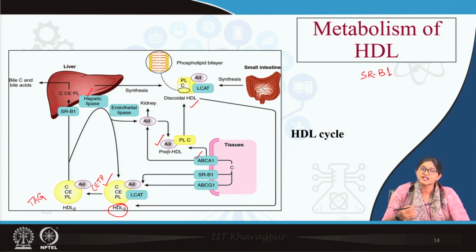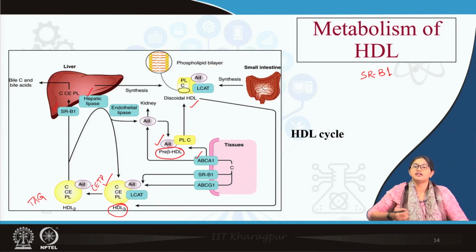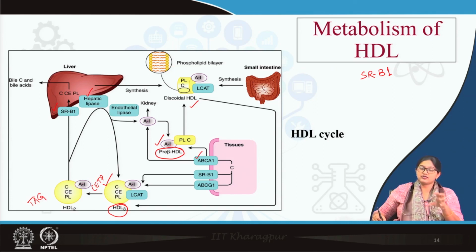So, finally, after depletion of triacylglycerol and cholesterol, there is reformation of the pre-beta HDL, remember, which does not have any triacylglycerol or has a very meager amount of cholesterol ester. So, this pre-beta HDL is once again formed for the cycle.